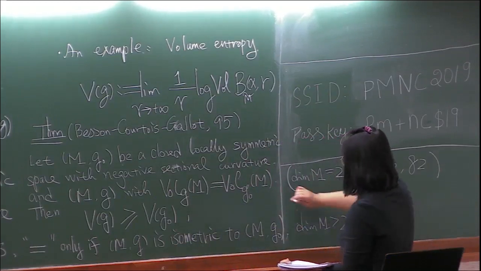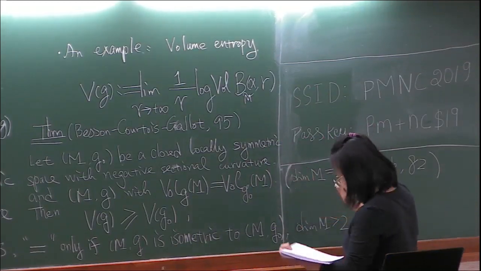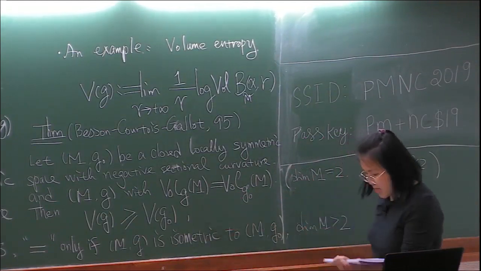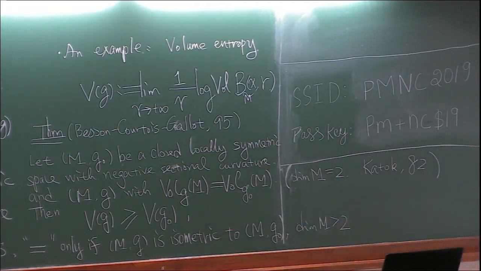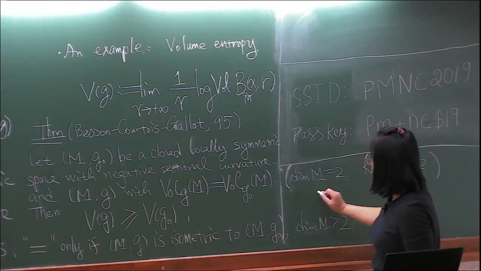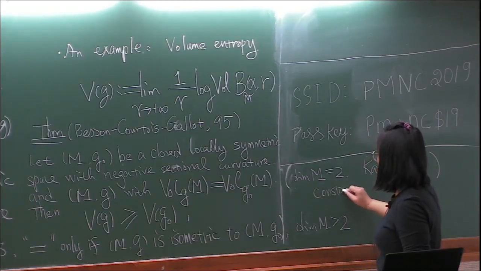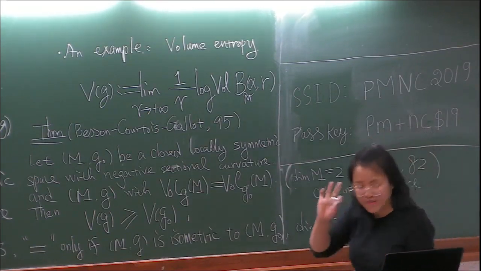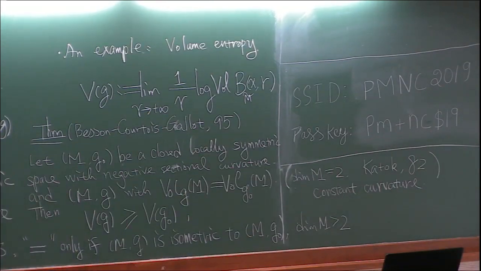In dimension 2, you will have the equality only if you have constant curvature. Okay. So then we ask if there are other possibilities.